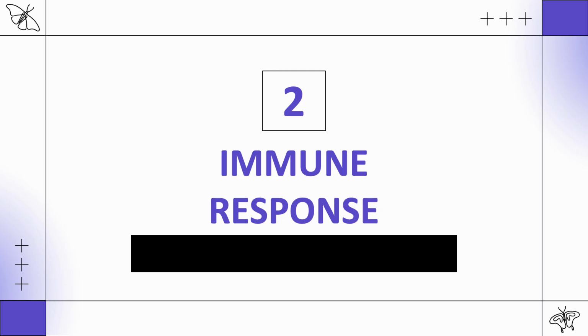Next, we have the immune response. When harmful microbes or pathogens infect or enter our body, the immune system fights them off in a coordinated set of processes, which we call the immune response. Some pathogens are quickly destroyed, others multiply and reach large numbers before the immune system fights them off.